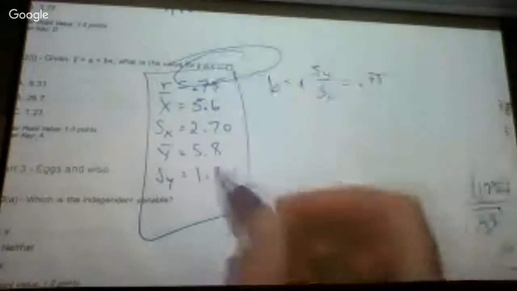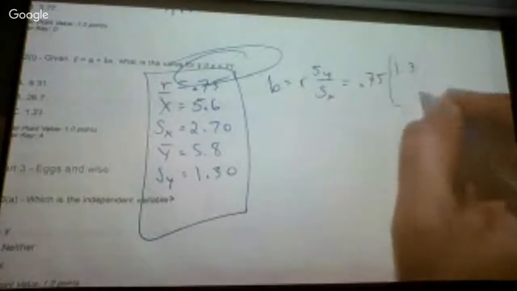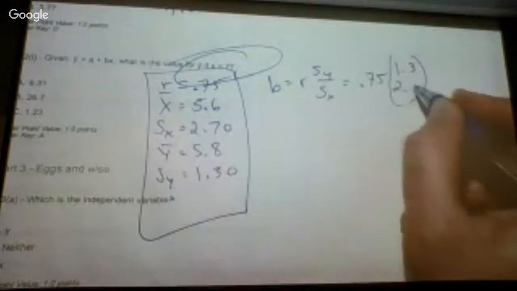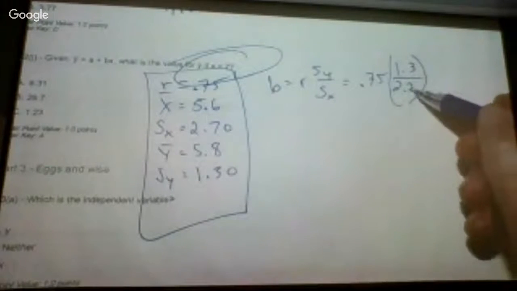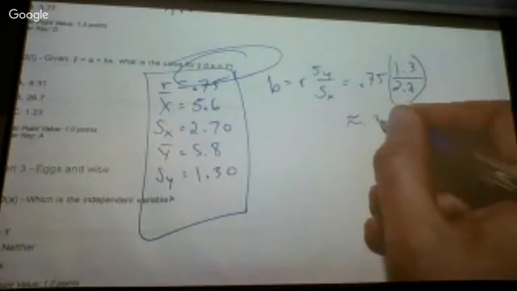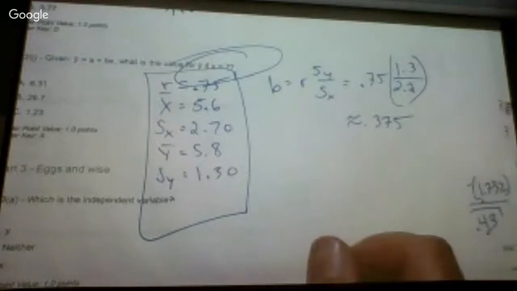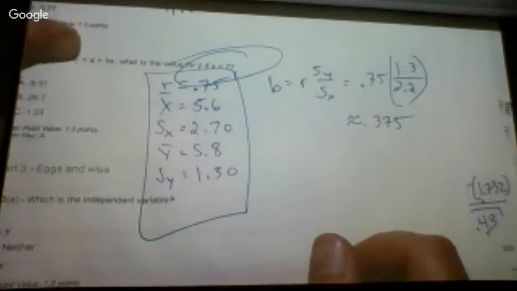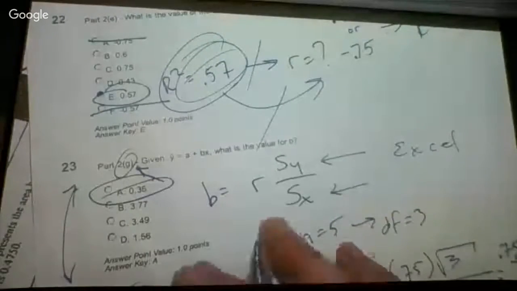0.75 times the standard deviation of y, which is 1.3. Standard deviation of x is 2.7. I'm going to get something that's about half of 0.75 or somewhere around 0.375. That appears to be my answer.